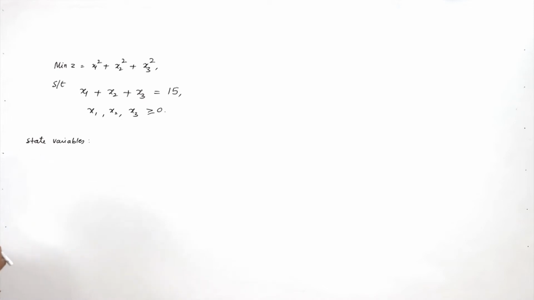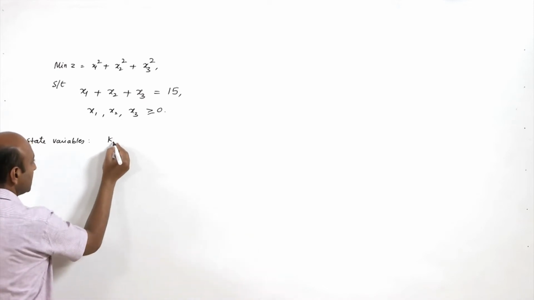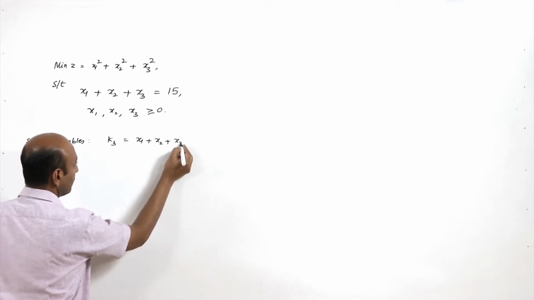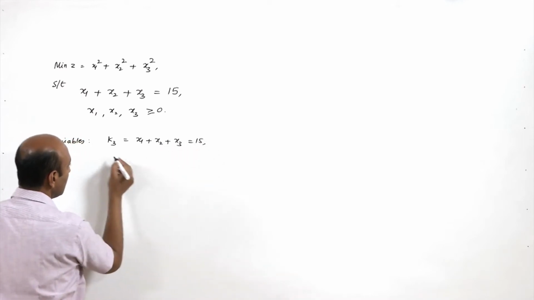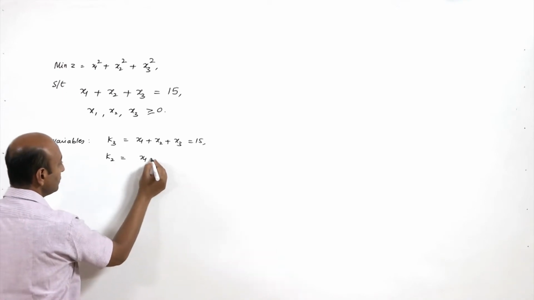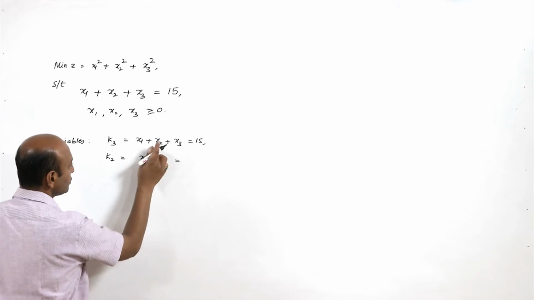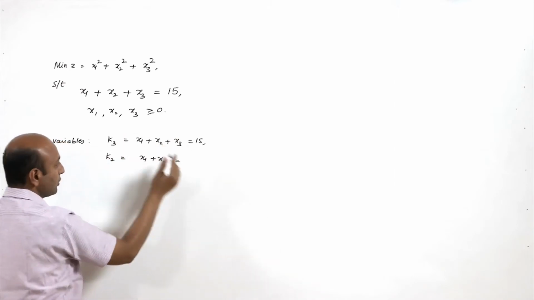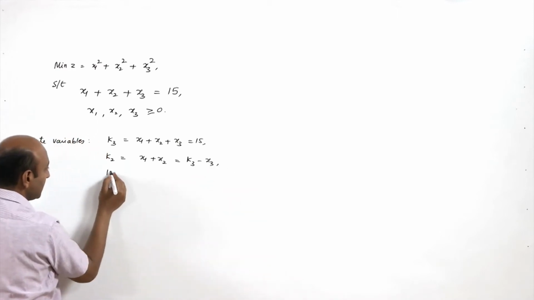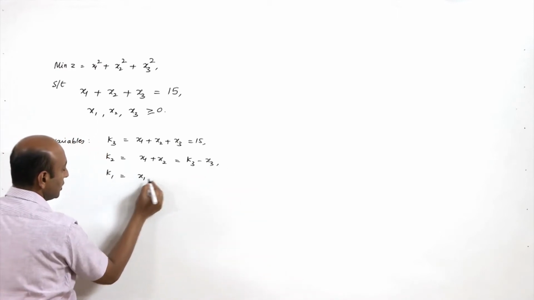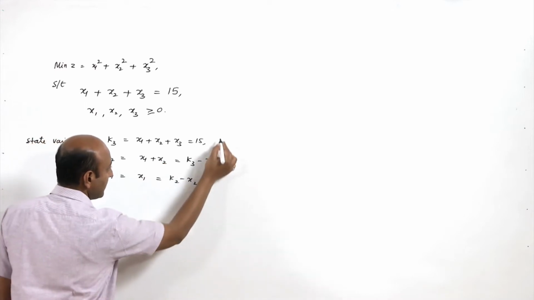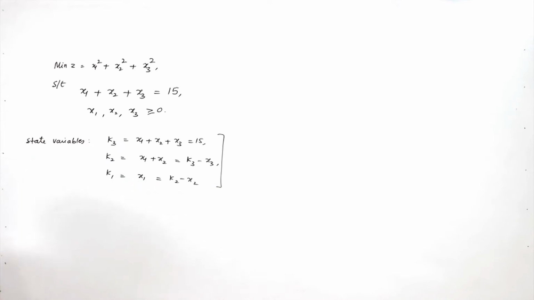We take k3 as x1 plus x2 plus x3, which equals 50. k2 we take as x1 plus x2, which from this expression equals k3 minus x3. And k1, which is x1, equals k2 minus x2. So these are the state variables.